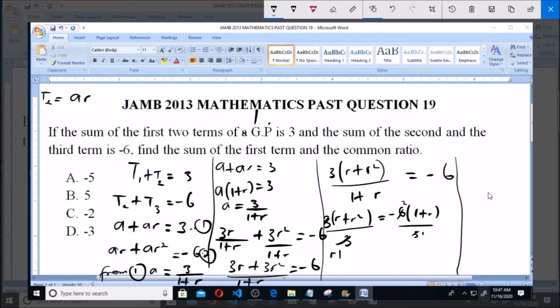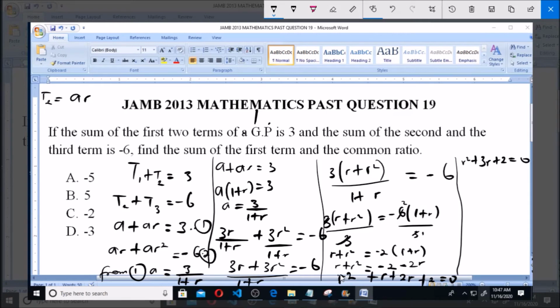So we'll have R plus R square is equal to minus 2 into 1 plus R. That's minus 2 times 1 gives us minus 2, then minus 2 times R gives minus 2R. Now collecting like terms and arranging it orderly, we have R square plus R plus 2R plus 2 is equal to 0. Now this will give us R square plus 3R plus 2 is equal to 0.